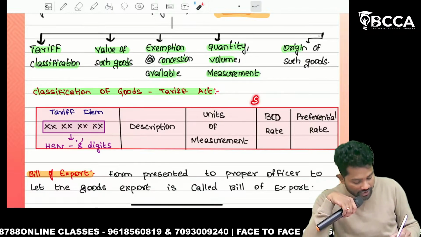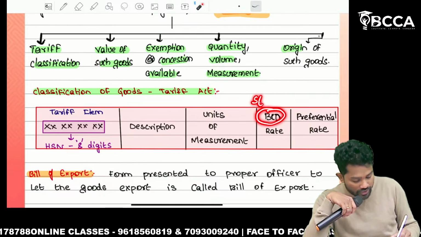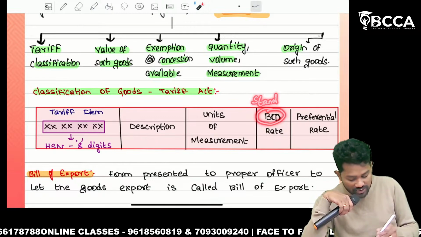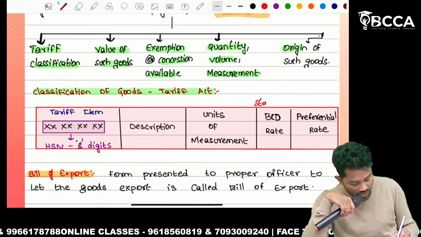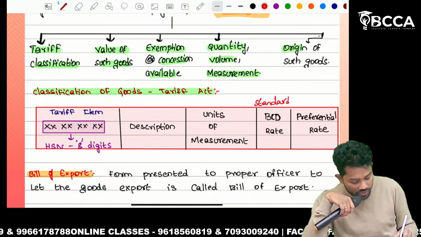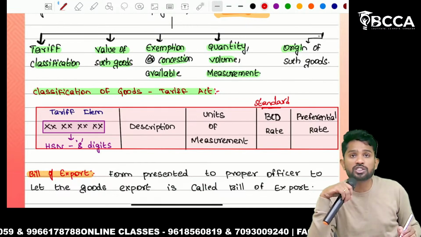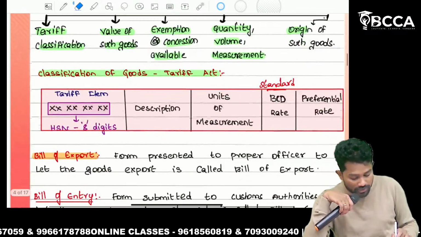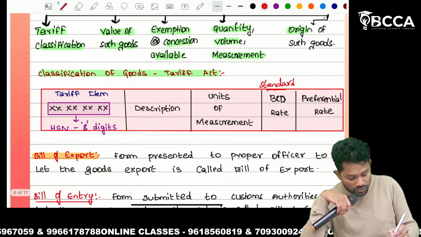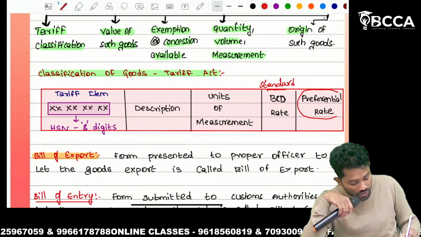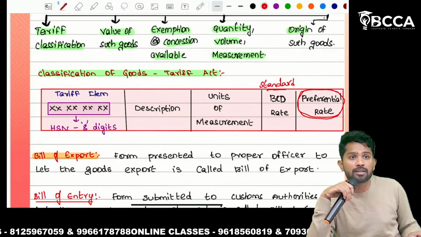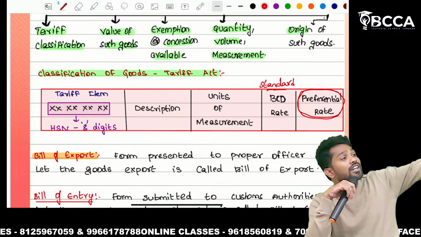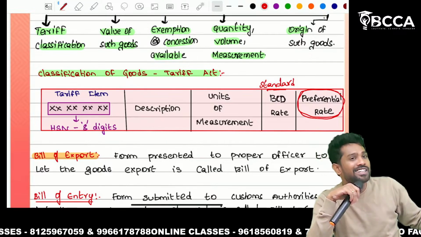BCD rate is the actual customs duty rate, which we even call the standard rate. This rate only, usually, I asked you to check. But there is something called preferential rate also. The preferential rate is applicable when the goods are coming from a preferential country.